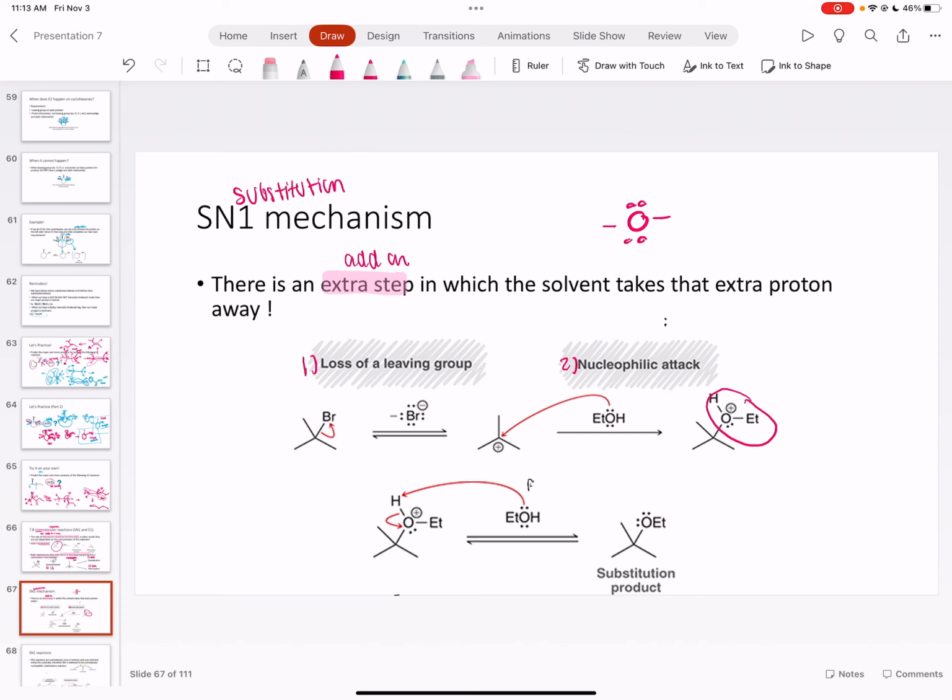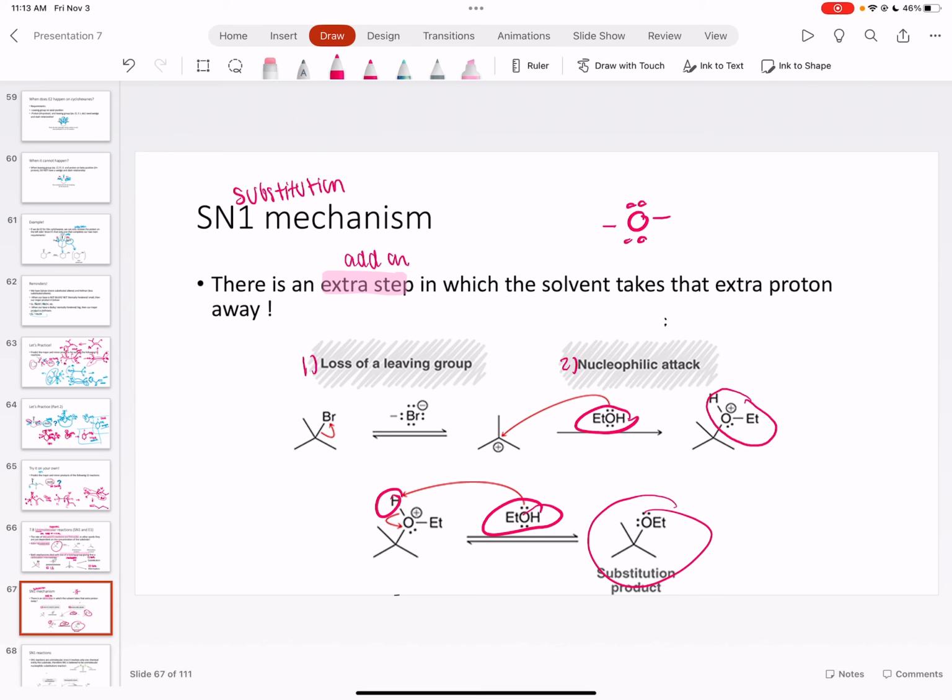So for that, technically we're going to put our nucleophile again. It's going to show up a second time, and it's going to take that extra hydrogen that our oxygen has, making our oxygen more stable.